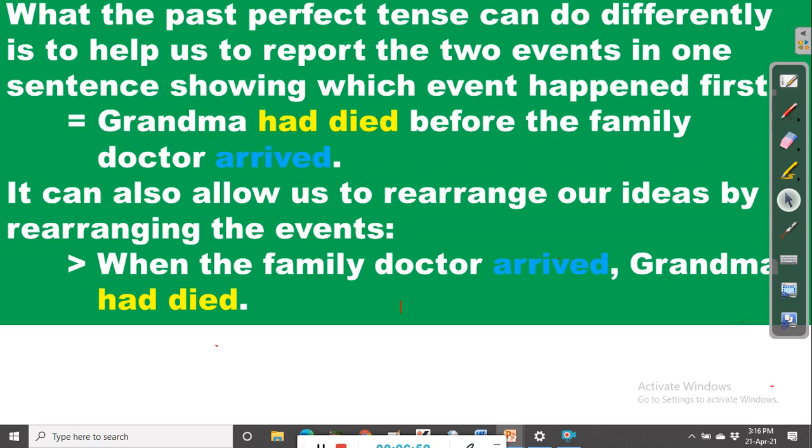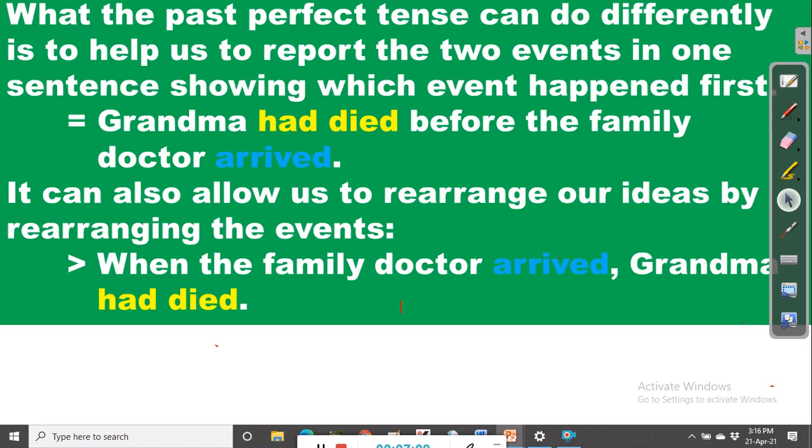We can change the word order. For example, instead of saying grandma had died before the doctor arrived, we can as well say when the family doctor arrived, grandma had died.